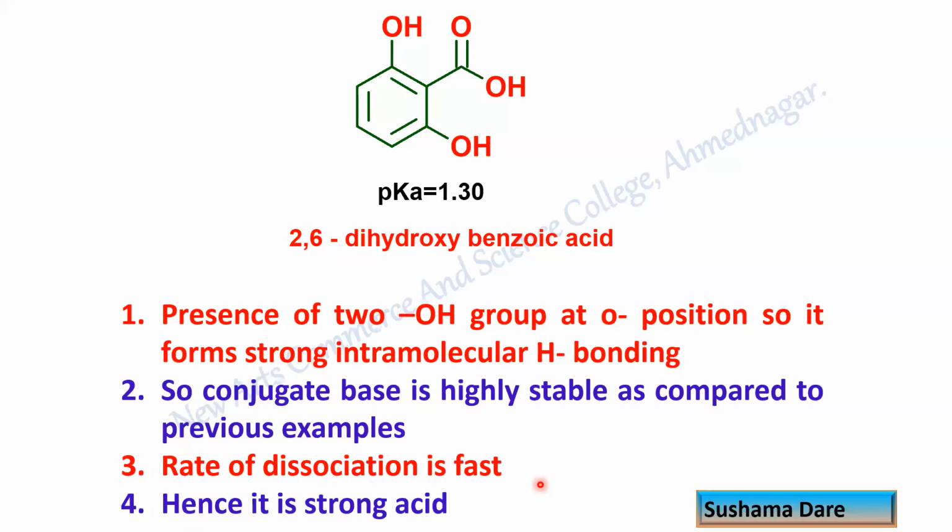That is, 2,6-dihydroxybenzoic acid is a strong acid as compared to which one? Ortho-hydroxybenzoic acid. After that, benzoic acid, and after that, para-hydroxybenzoic acid. So among all the structures, para-hydroxybenzoic acid is the weak acid, while 2,6-dihydroxybenzoic acid is a strong acid.